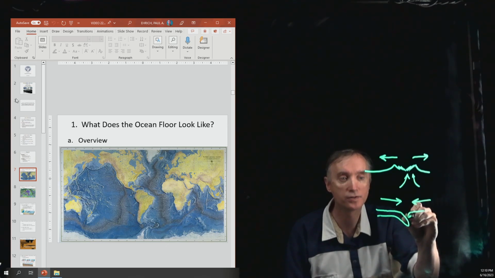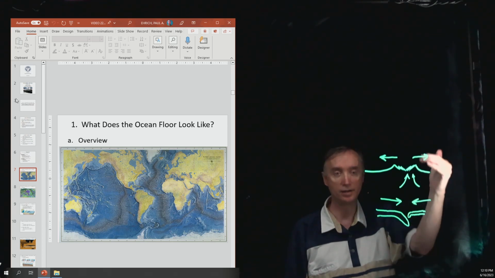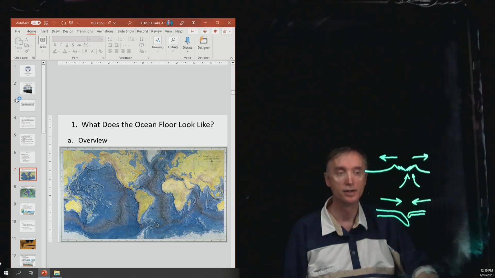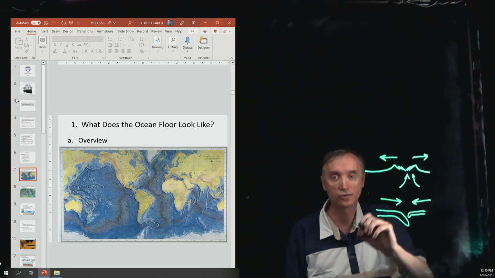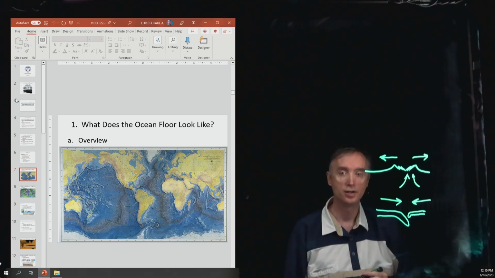So whichever one is the colder plate, it's going to be the one that's the more dense, and it's the one that's actually going to go underneath the other oceanic plate. And then this is going to make trenches. And so in this picture over here, you will see that there's a whole bunch of trenches located in the western Pacific. And so the deepest trenches in the world, like the Marianas Trench, are located over there.